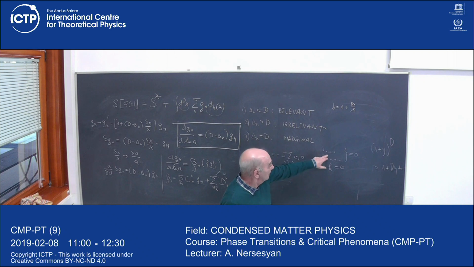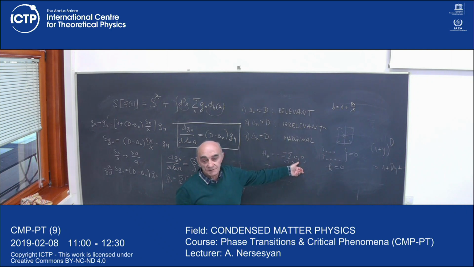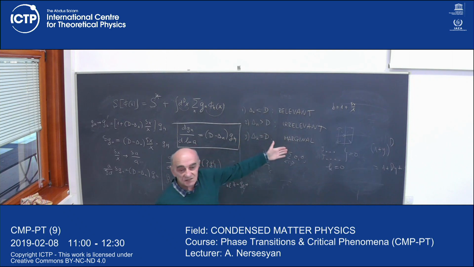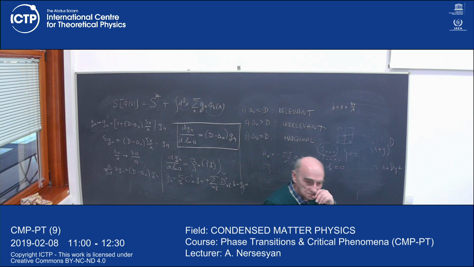But I add a next to nearest neighbor interaction, so this is the model. I add it with those across the barrier, which have not been taken into account here. Which of these three classes will this perturbation fall into? Will it be relevant or irrelevant or marginal?